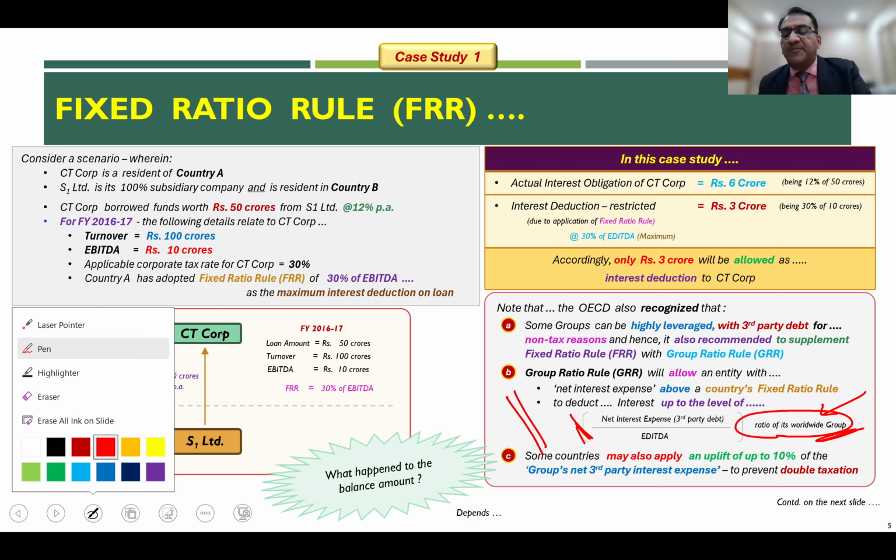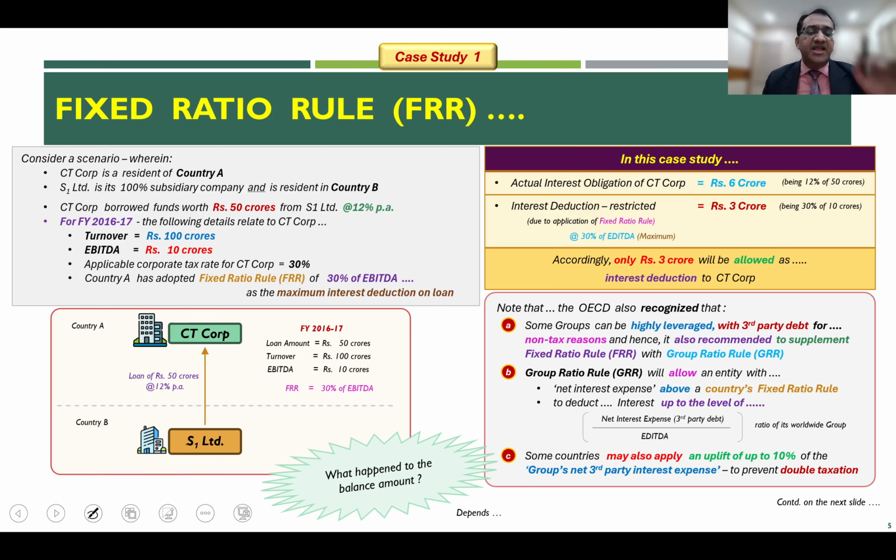Now, it is also important to note that in some tax jurisdictions, what is called an uplift is also given. So, for example, say the group ratio is 30%. In some countries, when they apply these group ratio and fixed ratio, they may give something called an uplift of up to 10%.